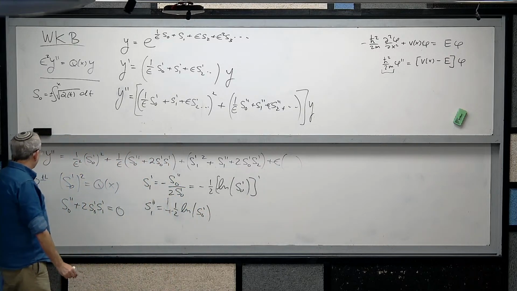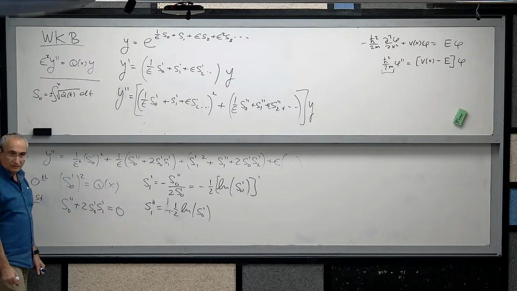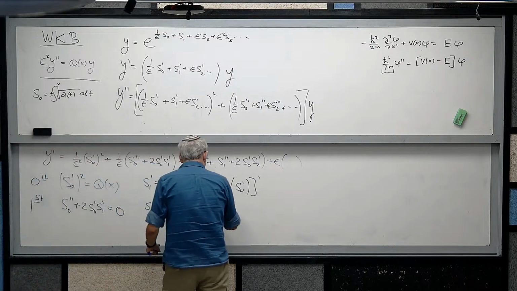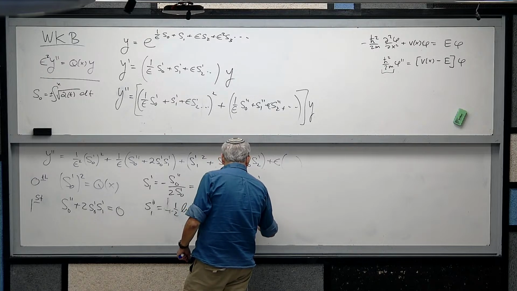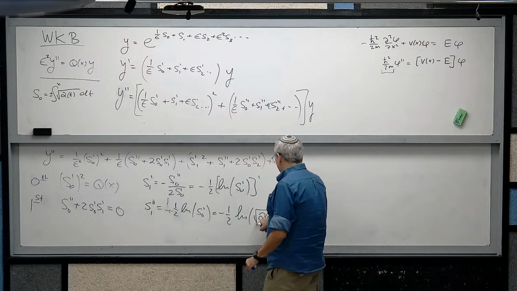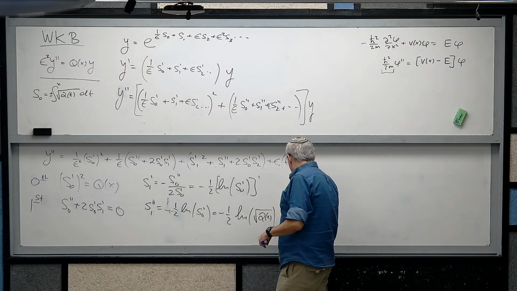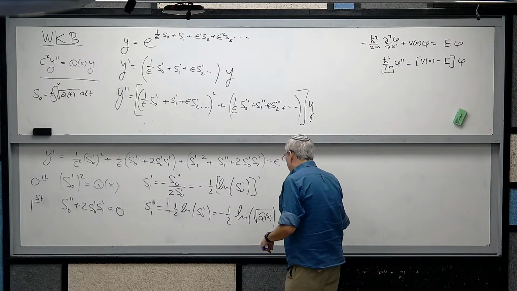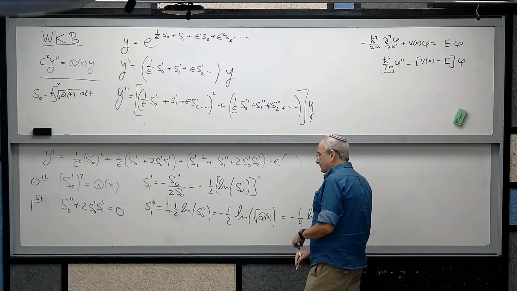But what is S naught prime? It is plus minus the square root of Q, right? So this is minus 1/2 the logarithm of the square root of Q of X, and the logarithm of the square root is half the logarithm. So this is minus 1/4 ln Q of X.